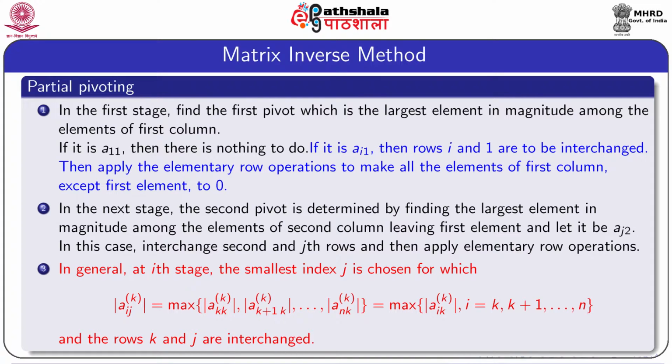In general, at the kth stage, the smallest index j is chosen for which the absolute value of a_jk^(k−1) is equal to the maximum among the absolute values of a_ik^(k−1), where i equals k, k+1 up to n. Then rows k and j are interchanged, and a_kk represents the kth pivot element.